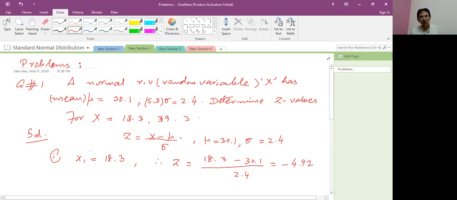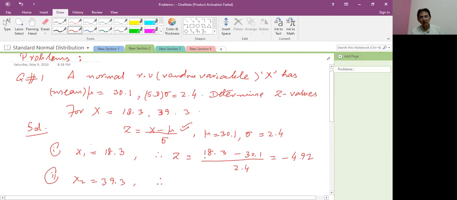So with the help of this formula, we will determine the value of z for the different values of x you have been given. For example, if we consider 39.3, what are mu and sigma? They are given.